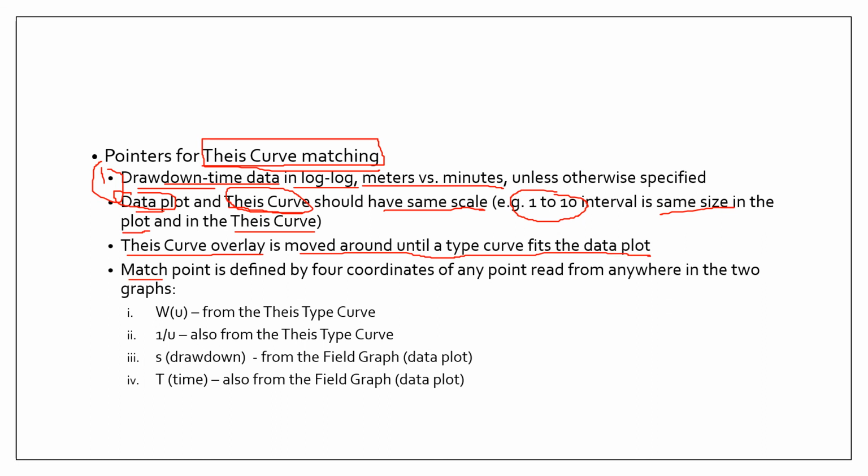And then we get a match point within the two graphs, and then we obtain the four important coordinates, which is the W(u) from the Thiess type curve, and then the 1 over u from the Thiess type curve, and then the drawdown from the field graph or the data plot, and then time from the field graph or the data plot. So sorry, this is actually small t. Time is just small t.